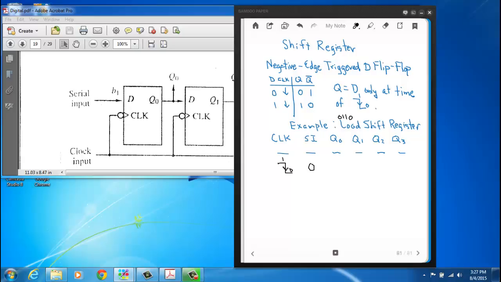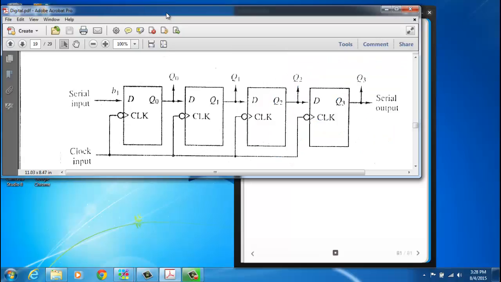Going back to our diagram, at the time of that transition, the Q output of each edge-triggered D is going to equal its input. So Q3 is going to equal its input, which is connected to output Q2. Q2 is going to equal its D input that's connected to Q1. Q1 is going to equal its D input, which is connected to Q0, and Q0 will equal the data that's on the serial input.